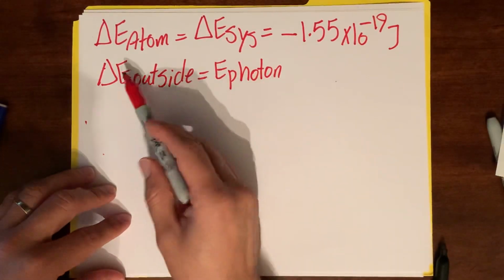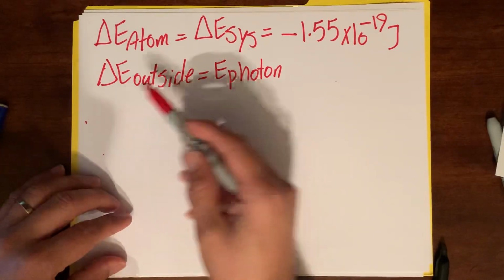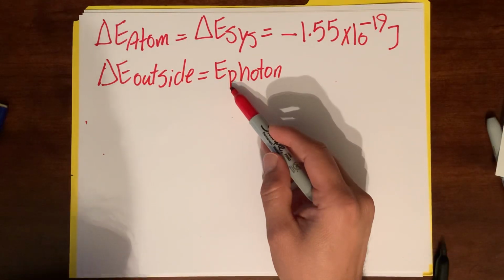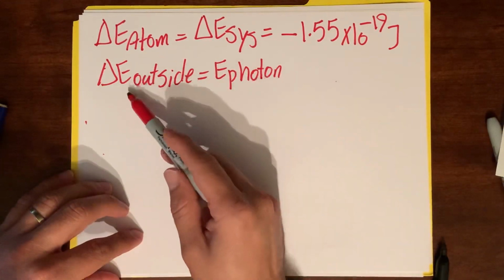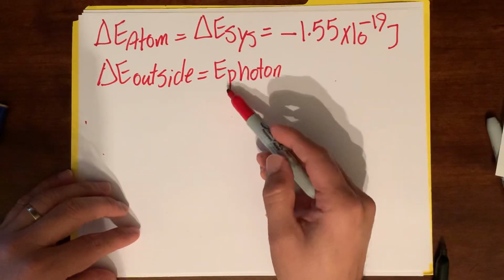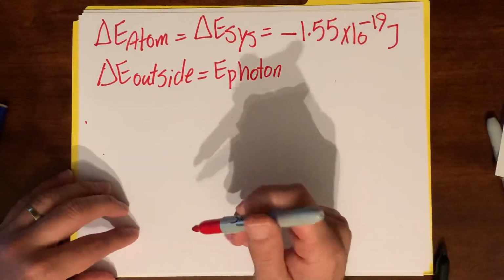So whatever outside is gaining will be equal to whatever the photon is bringing with itself. So change with energy of outside is going to be equal to whatever coming from the atom to the outside.